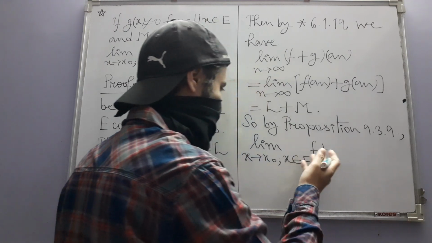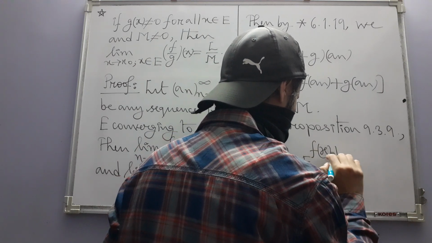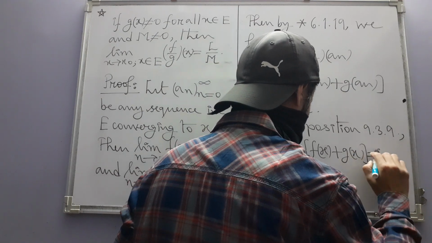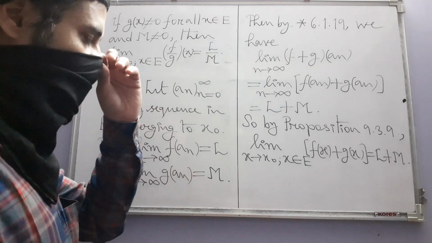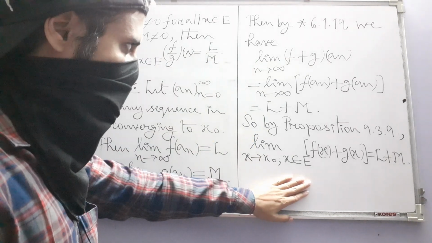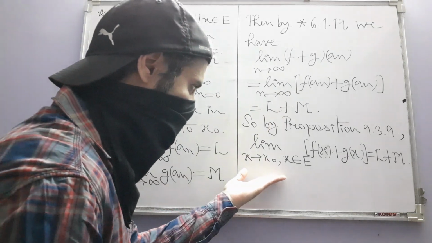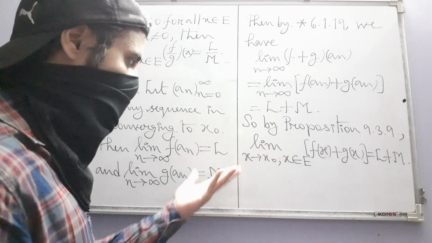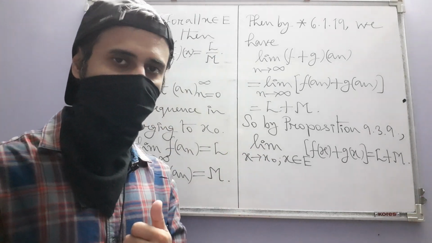You can write f plus g of x, or you can just simply write this. And keep in mind that although those two statements are logically equivalent, this is one thing and this is a different thing. But that's how you can imagine that you can prove all the other parts also.